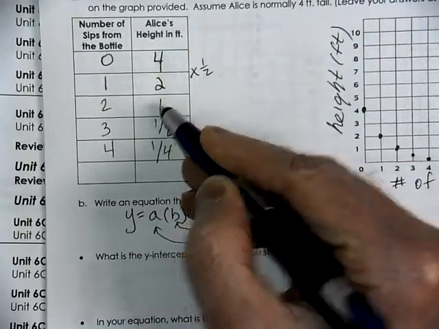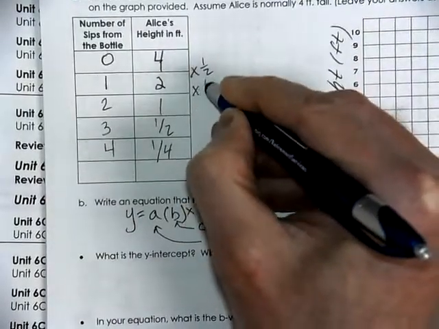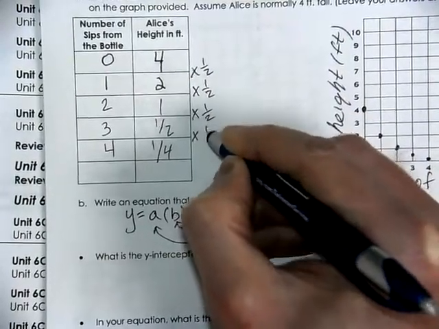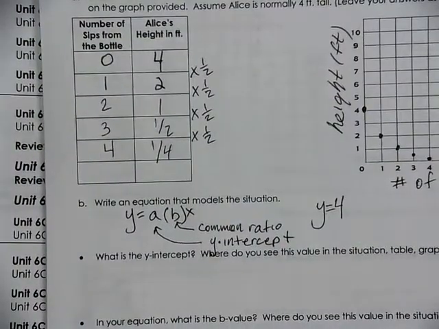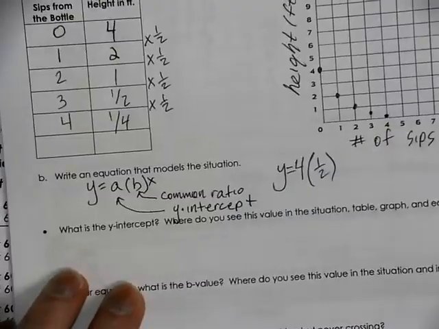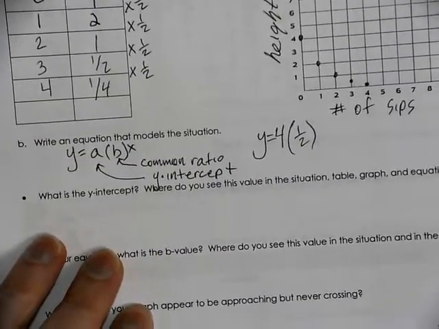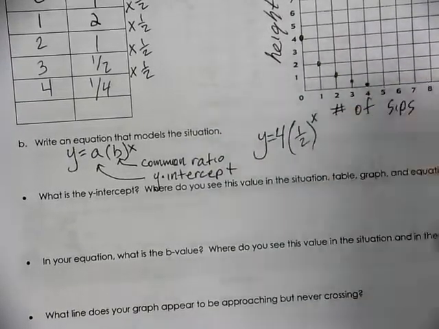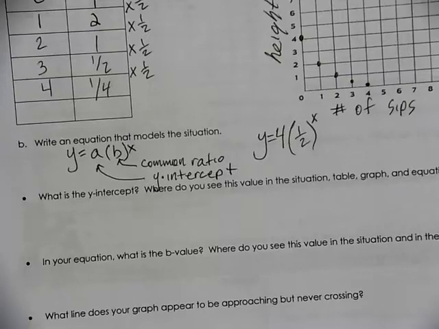For the 2 to become a 1, we had to multiply by a half each time. So we have a common ratio of a half. And we do that half multiple times. So we use an exponent x.